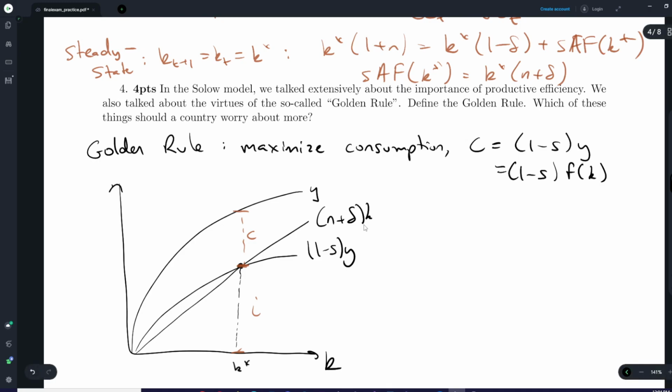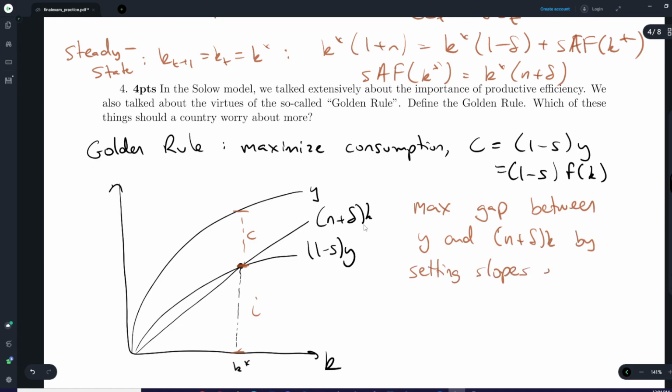And what I want to do is rely on a little bit of calculus, to maximize the gap between Y and (n plus delta)k by setting the slopes equal, right? That's exactly what we're doing. We are setting the slopes equal. Wherever the slopes of these two things are tangent is where the gap is going to be maximized, right?